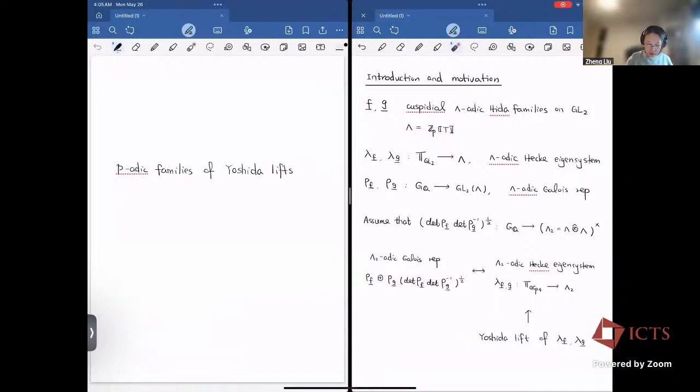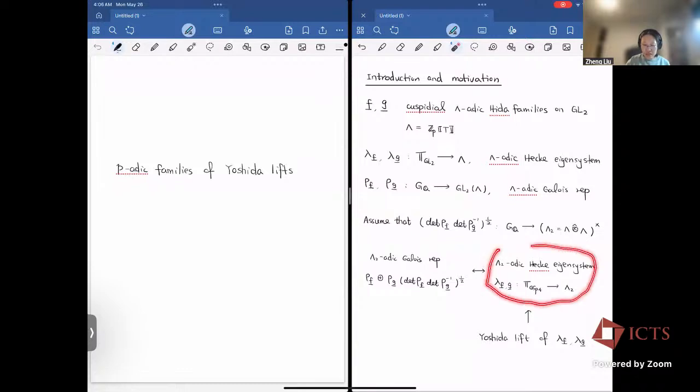And then I will consider a Λ2-adic Galois representation, which is basically you just direct sum these two Galois representations, and this will be a reducible representation, and this also will correspond to a Λ2-adic Hecke eigensystem for GSp4.